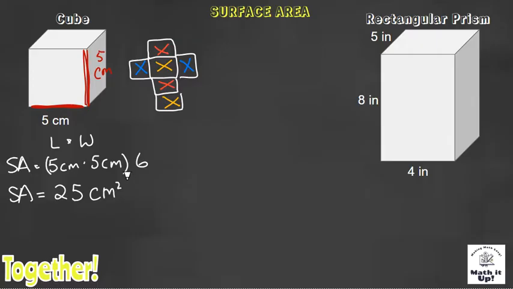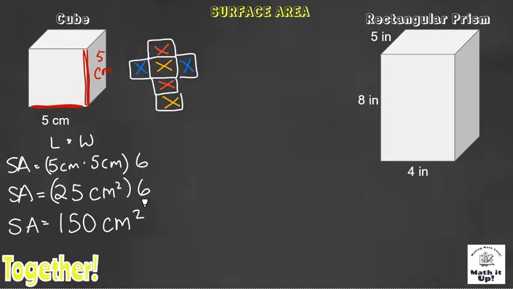Now we will need to multiply all of this times 6 to get all 6 sides. 25 times 6 is 150, and that's still centimeters squared. Remember, this is not volume. This is only area. This is the area of the outside of this figure, and that's why we have centimeters squared. Area is only length times width.